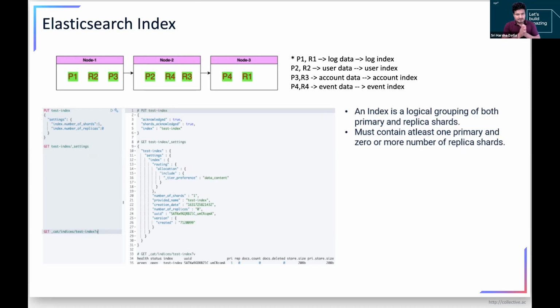Now, if you look at this diagram, you can probably visualize the whole impression of an index. Even though technically I have shards in the nodes, an index is a grouping of them.